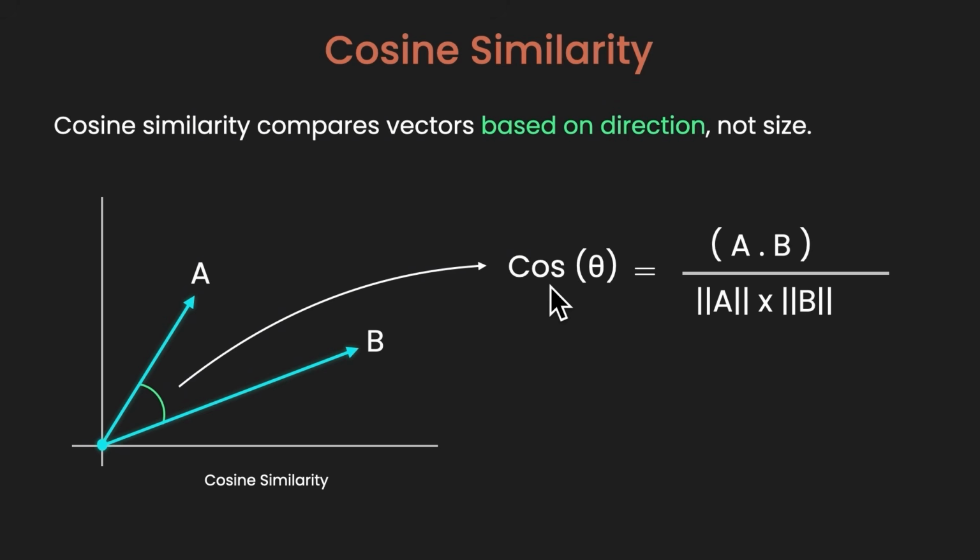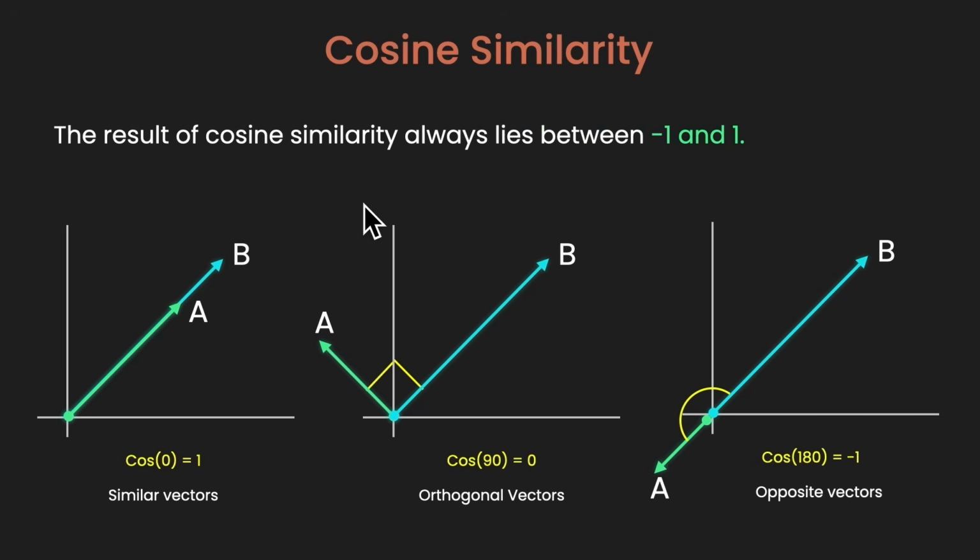So here is the formula to calculate the cosine similarity. The numerator is the dot product of two vectors, and the denominator is basically the product of the magnitudes of those two vectors. Now the result of the cosine similarity is always between -1 and 1. This range directly comes from how the cosine function behaves.